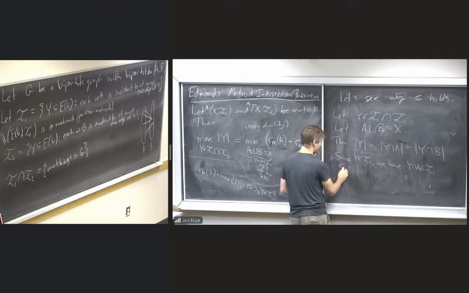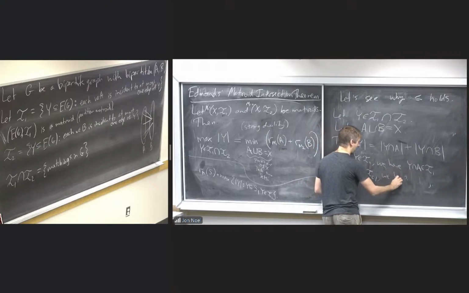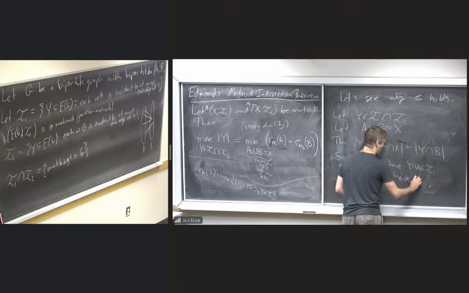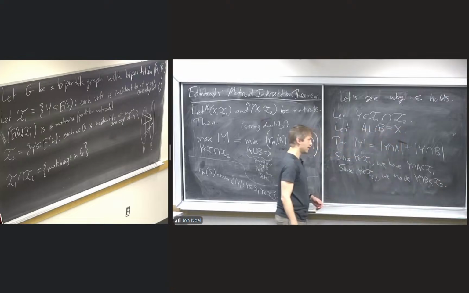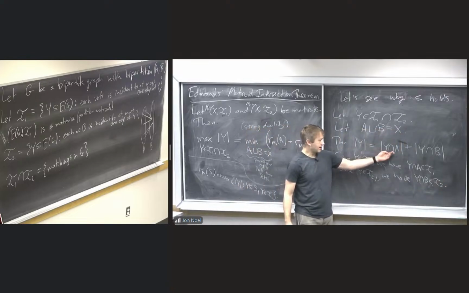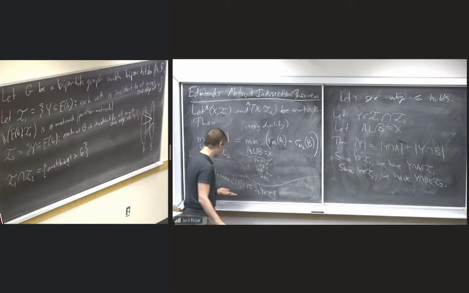And since y is in I2, y intersect B is in I2. But then obviously this is an independent subset of A, an independent subset of B, and the rank is the biggest one that's in there.